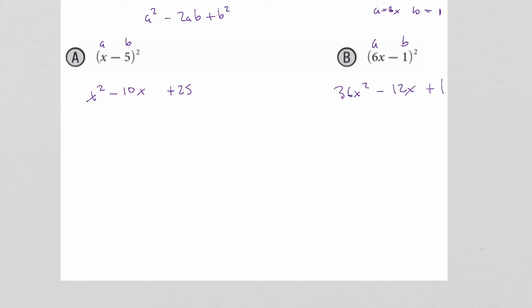And I don't know about you, but that's a lot less work, at least for a problem like this, than (6x − 1)(6x − 1), foiling it all out, or distributing it, whichever you prefer.